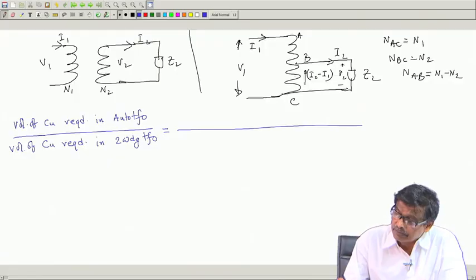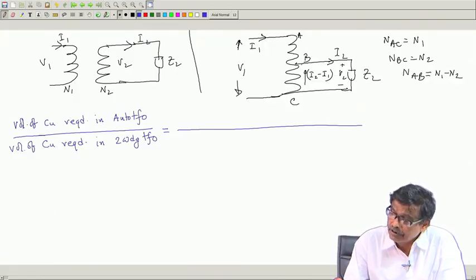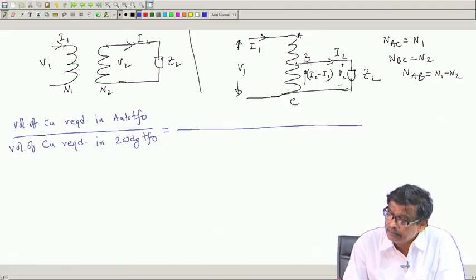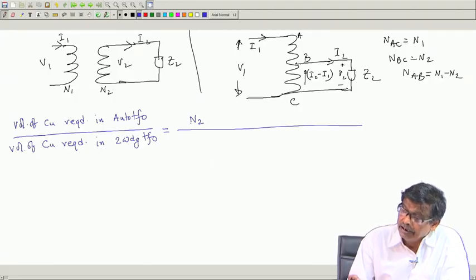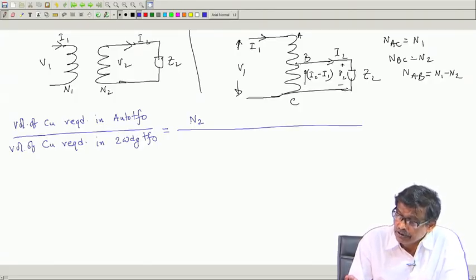Now, what is the number of turns? The length of the wire will be proportional to N_BC, and N_BC is N2, into the cross sectional area proportional to the current.